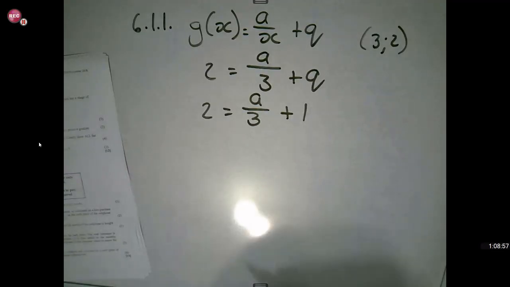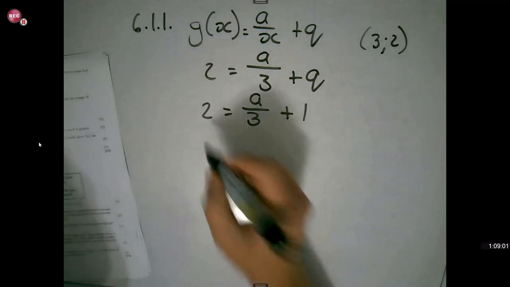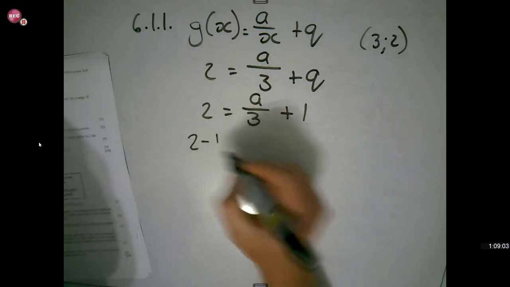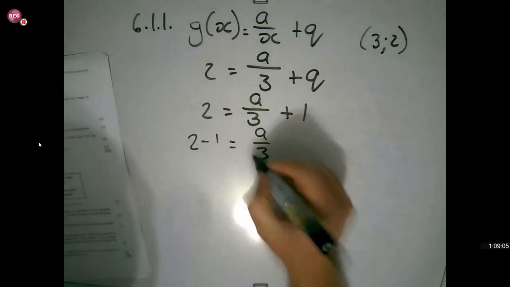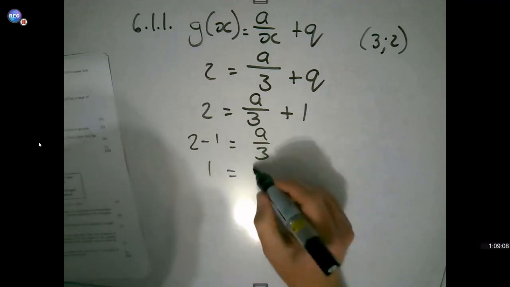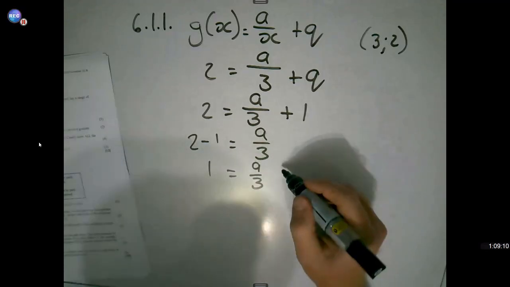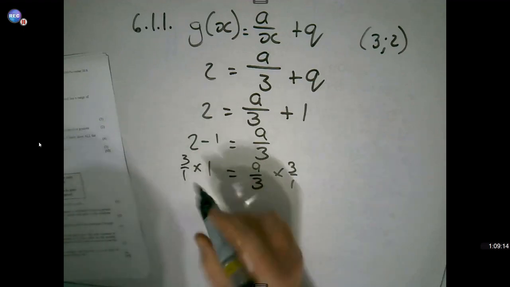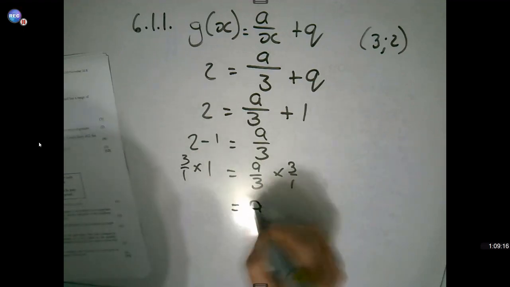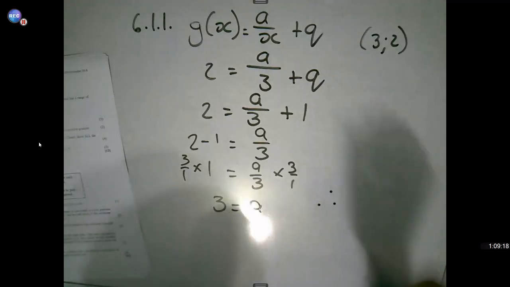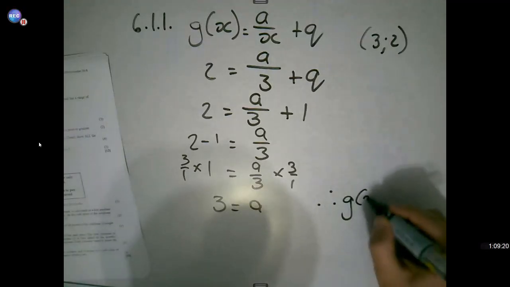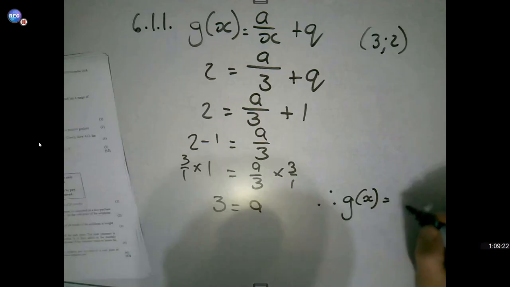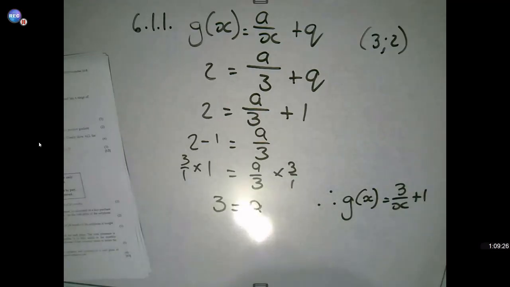Now we just need to calculate a value for a. If you calculate all of this, you'll get 2 minus 1, which is a over 3, which is 1. Multiply both sides by 3 over 1, which is the reciprocal, and you'll then get that a is equal to 3. So therefore, your equation will be g(x) equals 3 over x plus the 1 that's given to you there.